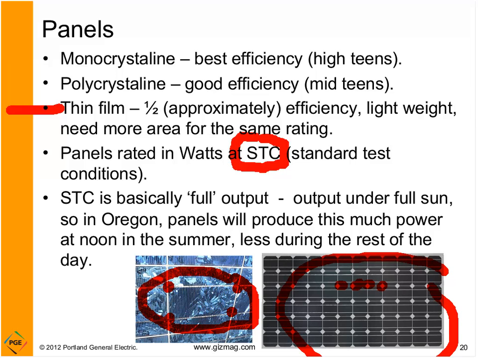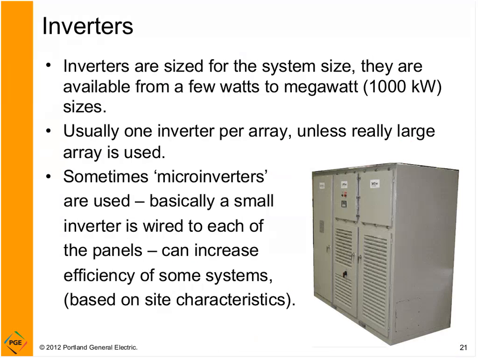Okay, let's move to the next slide. The last piece and part I wanted to talk to you about for photovoltaic systems is the inverter. Again, as I mentioned, you can scale up or down these systems. The inverter can be very large or very small based upon what your system size is. Typically, we see people use one inverter for a given array.